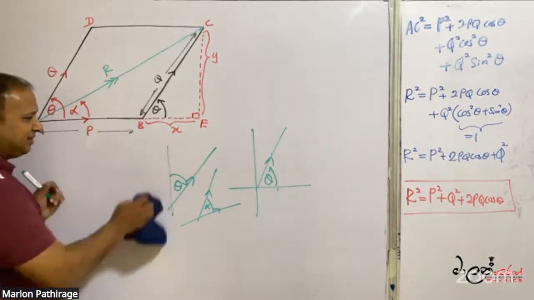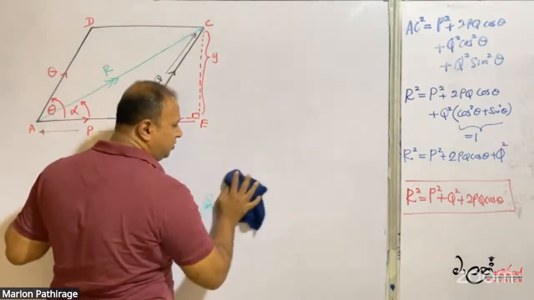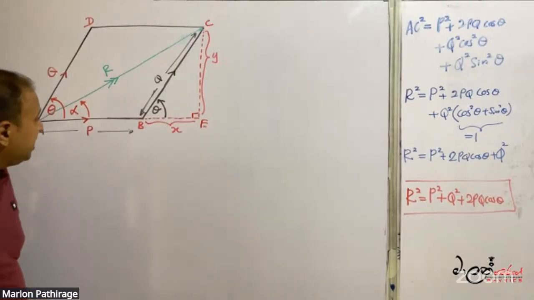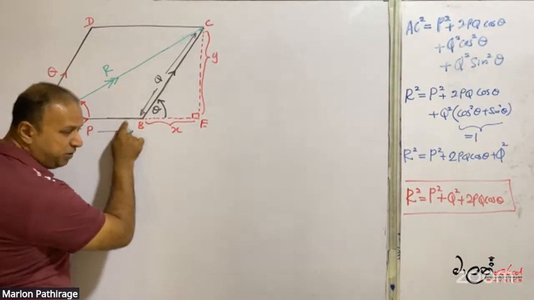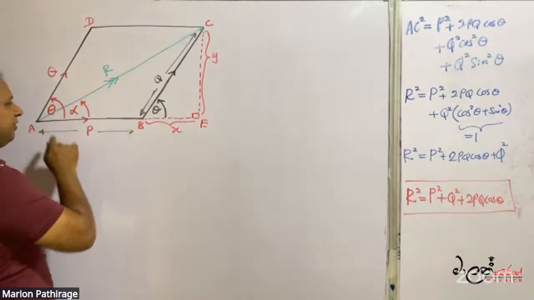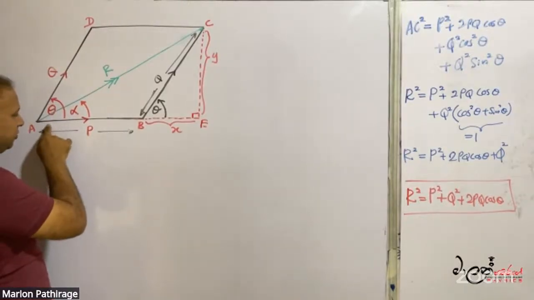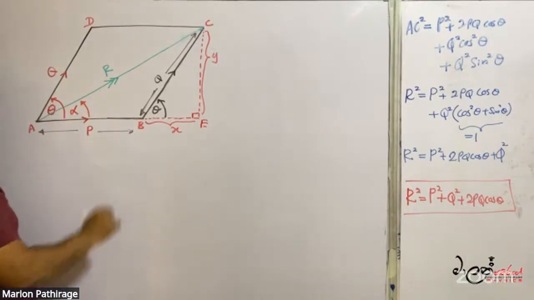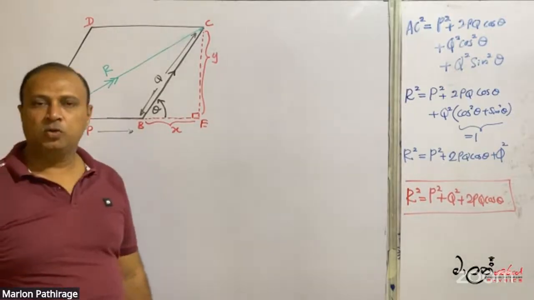In this case, we use the angle between the P vector and the resultant vector to represent the direction of R.